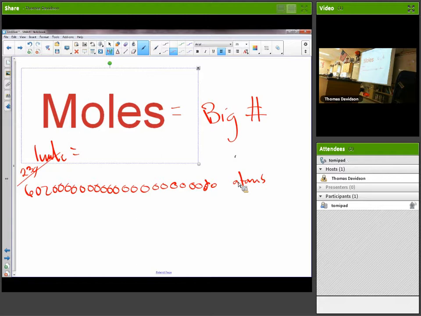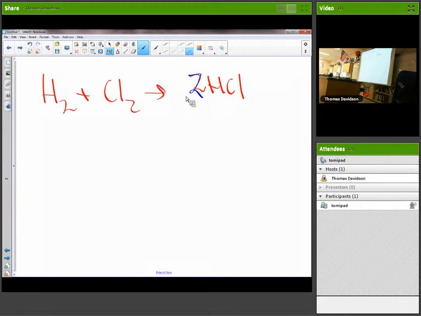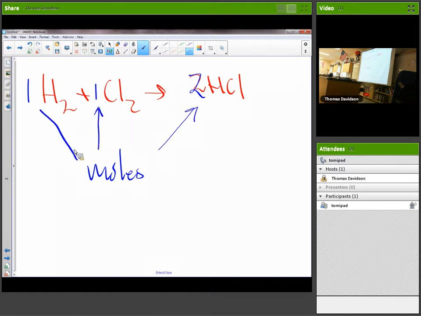All right. Now, here's what's super important. Let's just do this basic reaction. H2 plus Cl2 goes to 2HCl. You okay with that? These numbers we've been putting, they are actually moles.